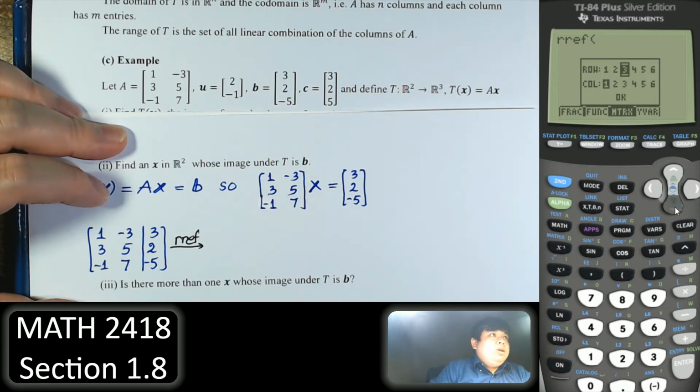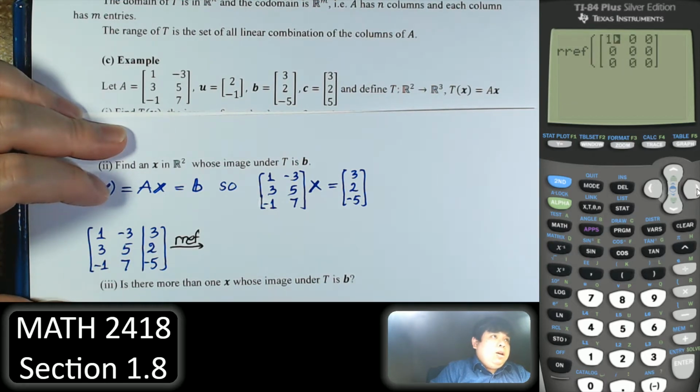Three rows, 3 columns. 1, negative 3, 3, 3, 5, 2, and negative 1, 7, and negative 5.